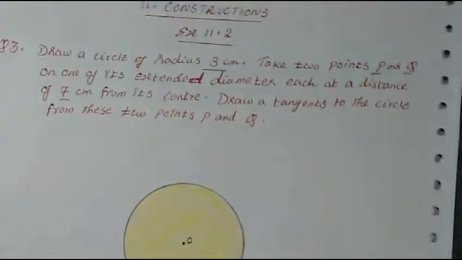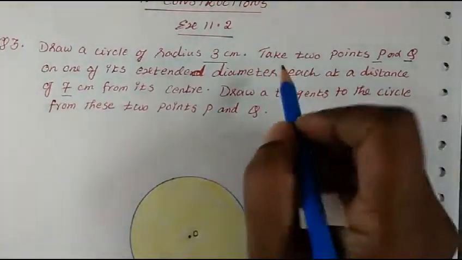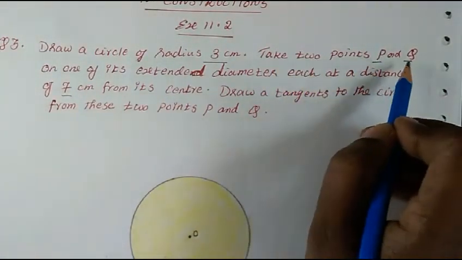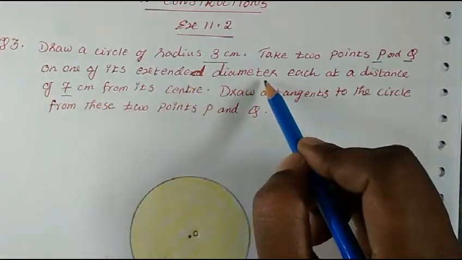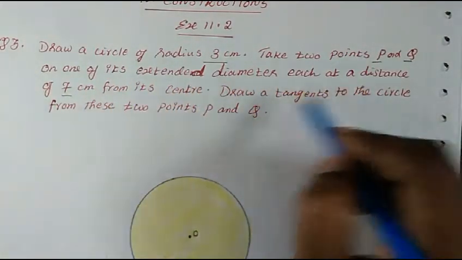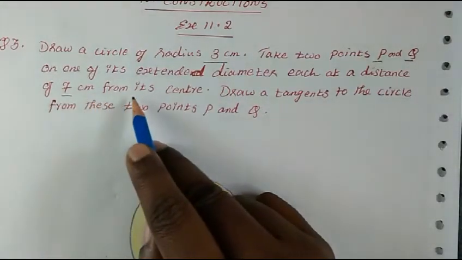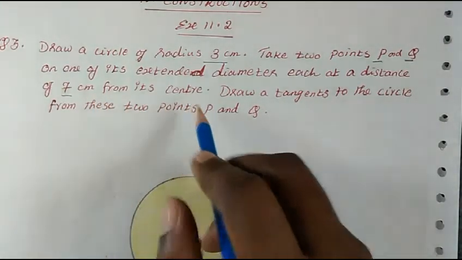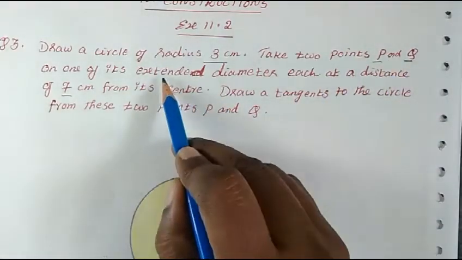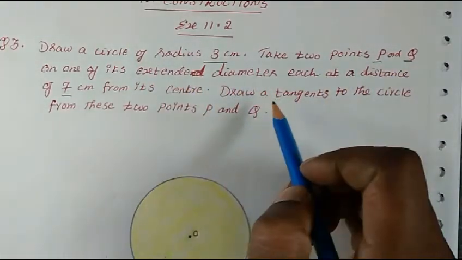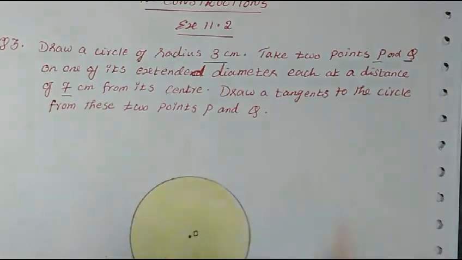Okay, so now next, take 2 points P and Q on one of its extended diameter, each at a distance of 7 centimeter from its center. So we have to take 2 points P and Q. From where? From the extended diameter, from a distance 7 centimeter.